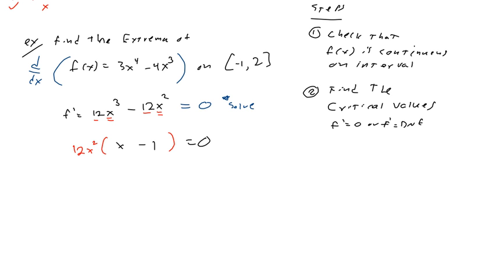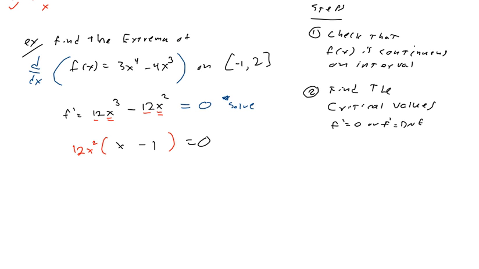Okay, there you go. So factor out this 12x squared. We're doing some factoring, brushing off our algebra skills. Then we have our zero product property, where we have our split answers.